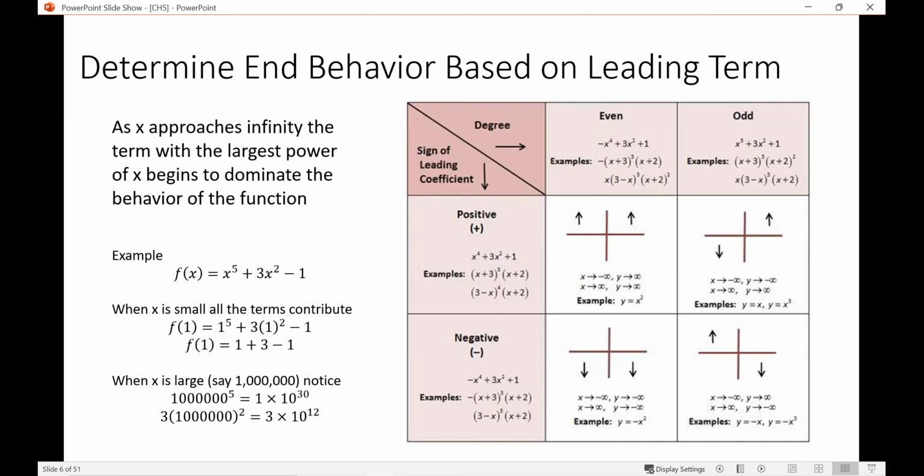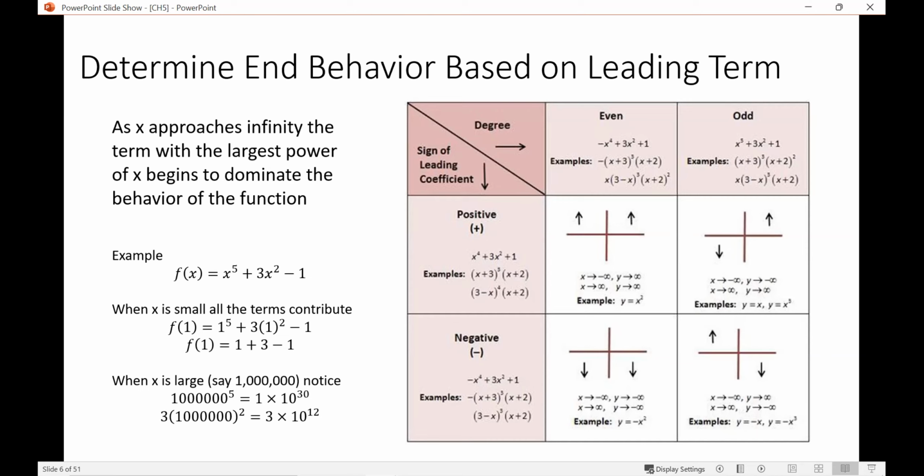So you can imagine when x becomes a billion, that leading term is going to completely overpower whatever the smaller terms are doing. So that's why when we look at end behavior, which is basically as x goes to infinity, really huge, what is y doing? Which direction is y moving? We only have to look at the first term to tell us this.